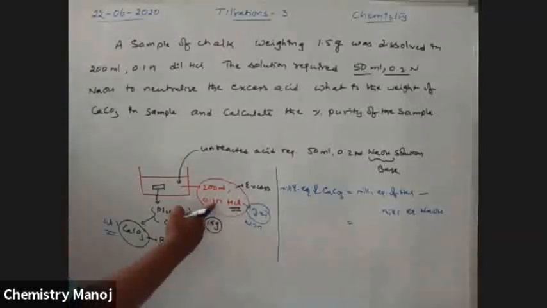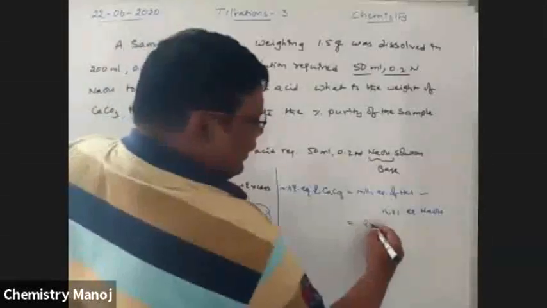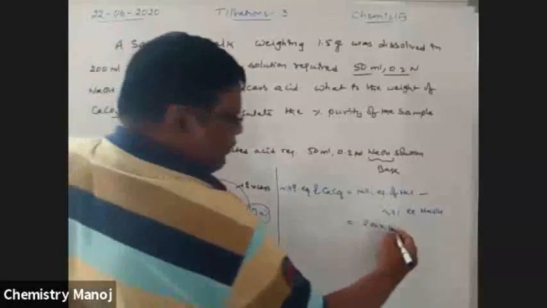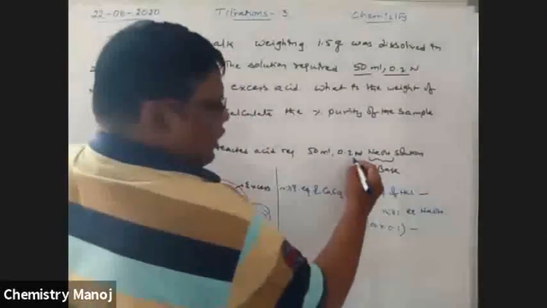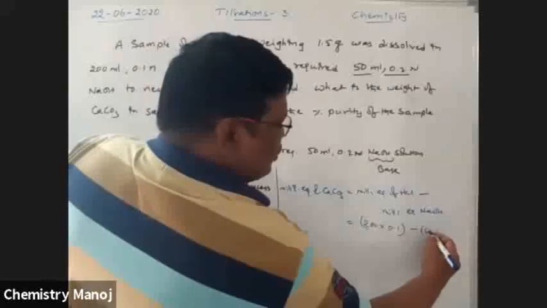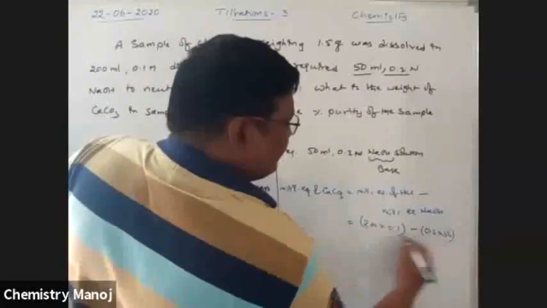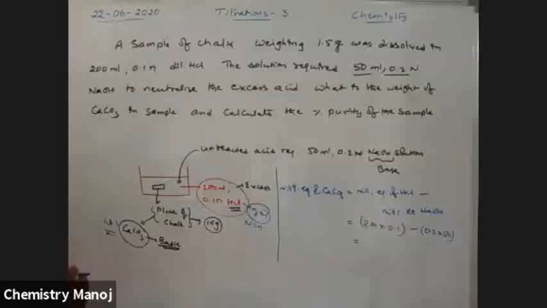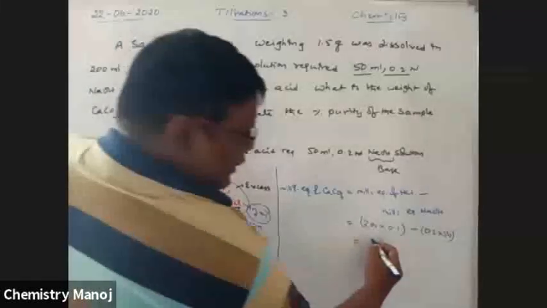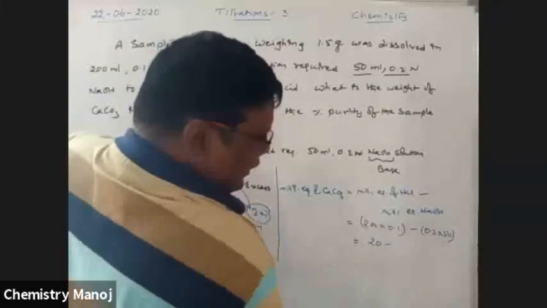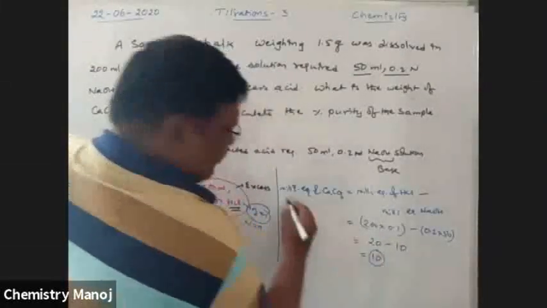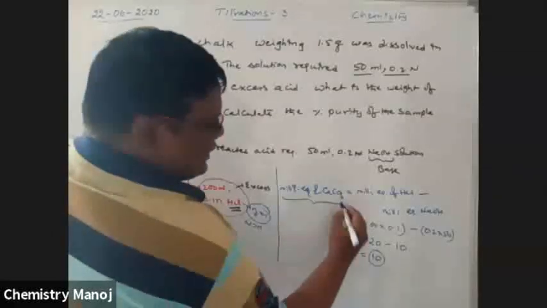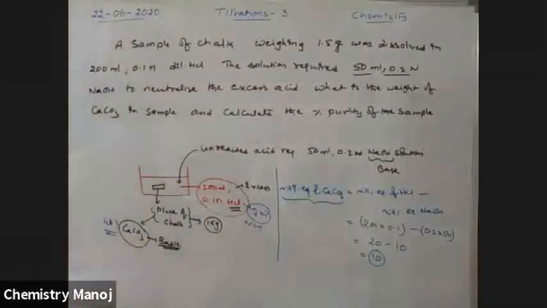So 200 into 0.1 minus milliequivalents of NaOH, which is normality into volume: 0.2 into 50. That is 20 minus 10, equal to 10. Therefore milliequivalents of CaCO3 is equal to 10.